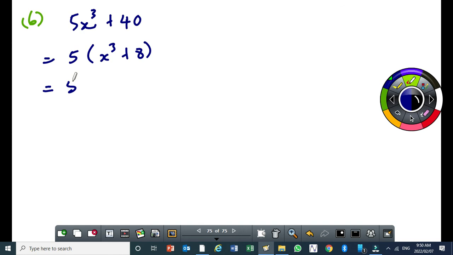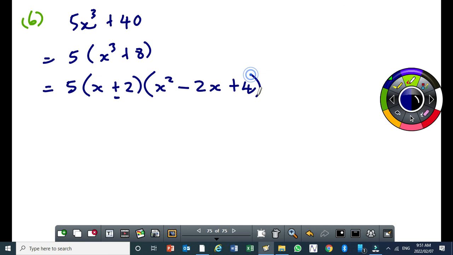So this will be 5 times the cube root of x cubed is x plus cube root of 8 is a 2 times the trinomial, which is going to be the first term squared, so that will be x squared. Since there is a plus here, I'll put a minus. Right? Then x times 2, that will be 2x. The last term of the trinomial will be the last term of the binomial squared, so that will be plus 4.